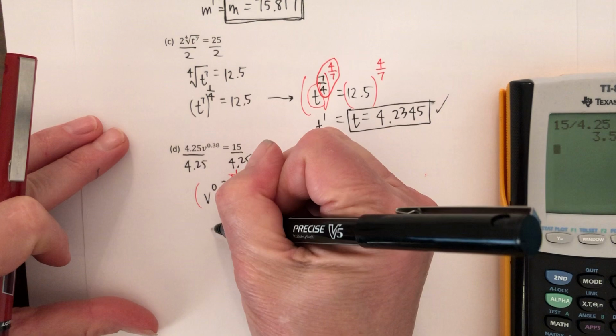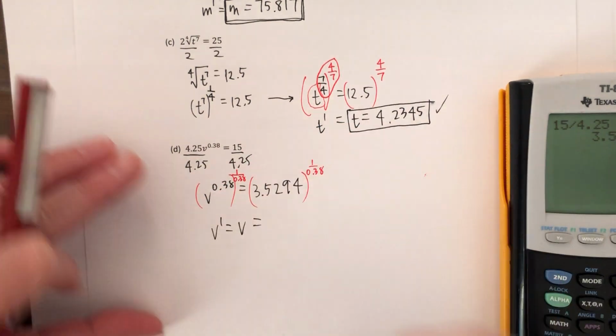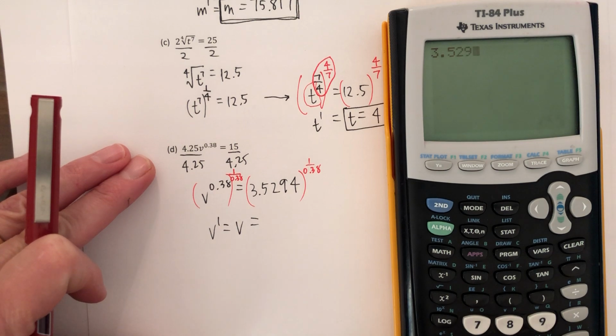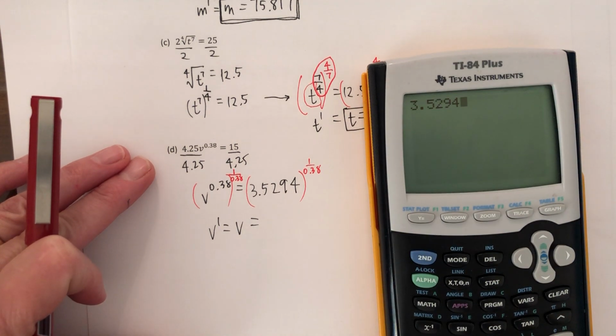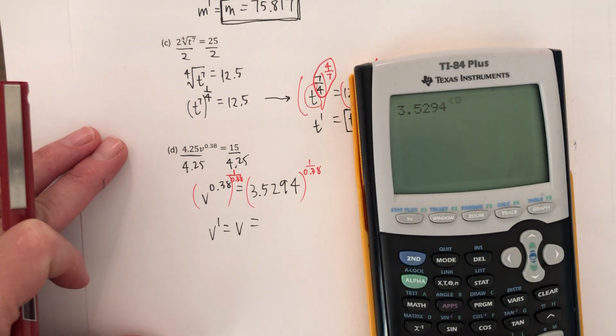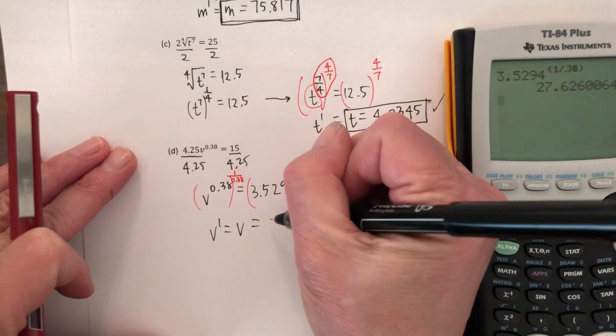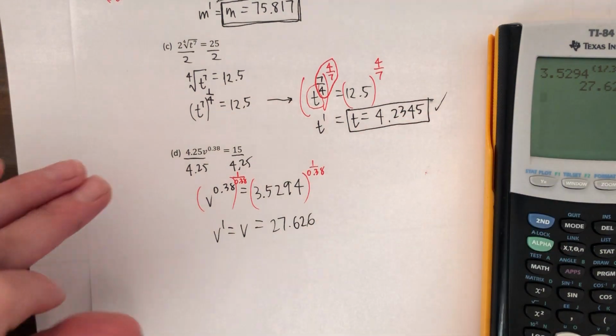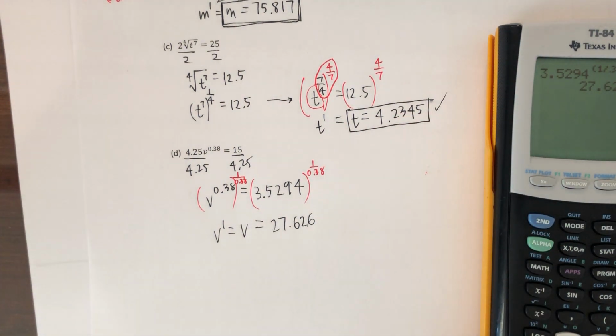I get v to the 1, which equals v, will equal this number, 3.5294 to the 1 divided by 0.38 power. So v is 27.626. All right, you have everything you need to finish WebAssign 5.2 at this point.